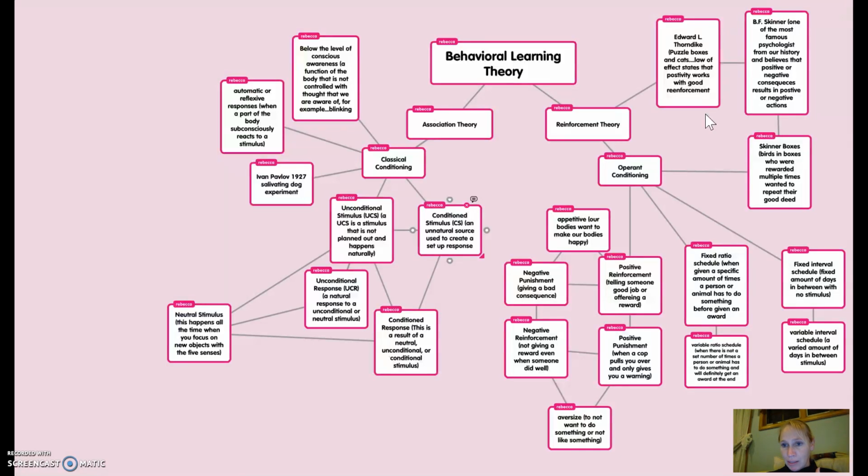They were called Skinner boxes. He put birds in the boxes, and if they did something 10 times in a row, then they were rewarded in some sort of way.